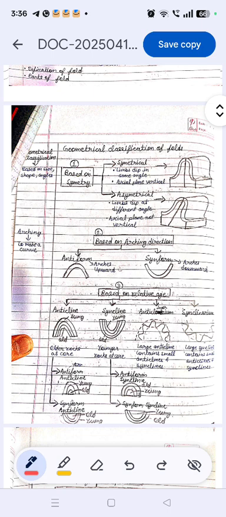First is the antiform which arches upwards like this. And here the convex side is upwards and the concave side is downwards.